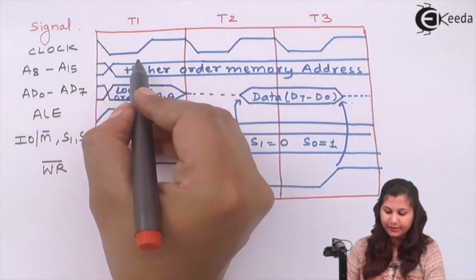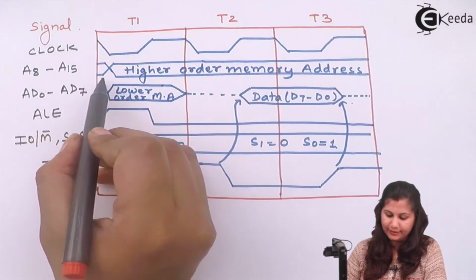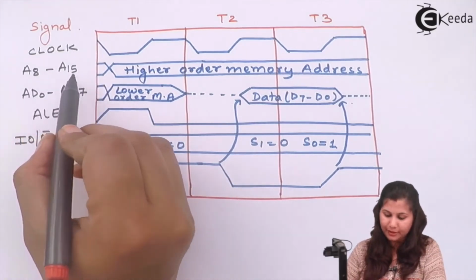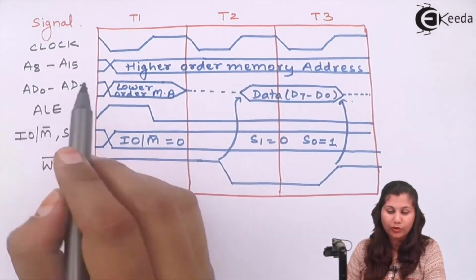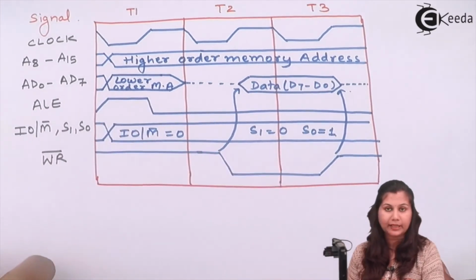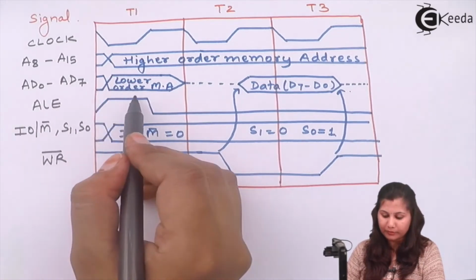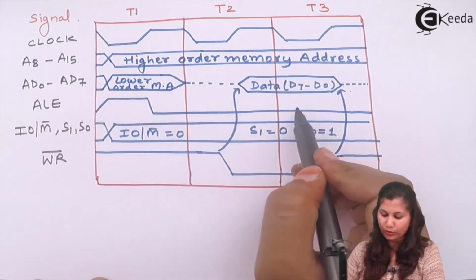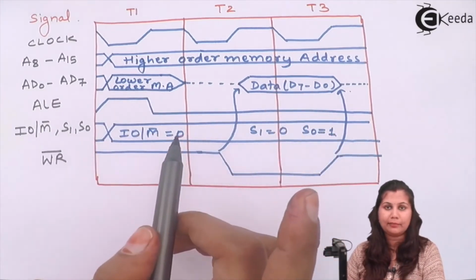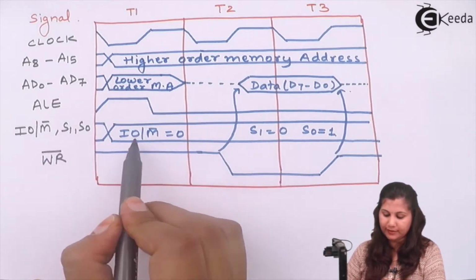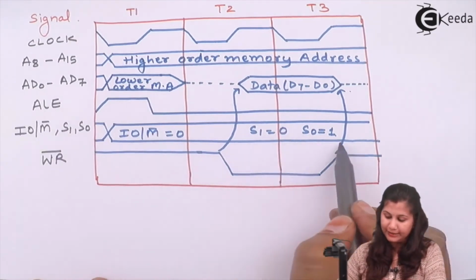You can see that this is the clock. Here we have shown one clock period is equal to 1 T state, and this is our higher order bus, having the higher order memory address. Then we have the lower order address bus, which is multiplexed with the data bus. So when the ALE signal is high, it acts as the lower order memory address bus, and when it is low, data is available on this bus. Then for the memory write machine cycle, because it's a memory operation, the input output and memory signal will be low, indicating that it's a memory operation, and it's a memory write.